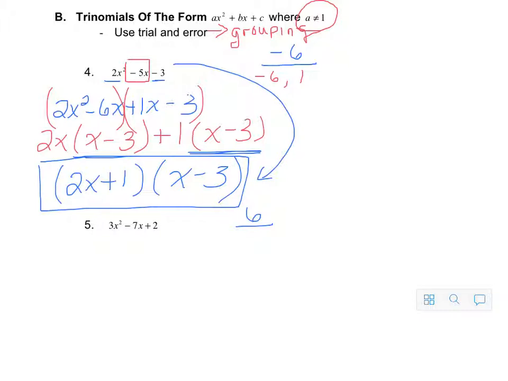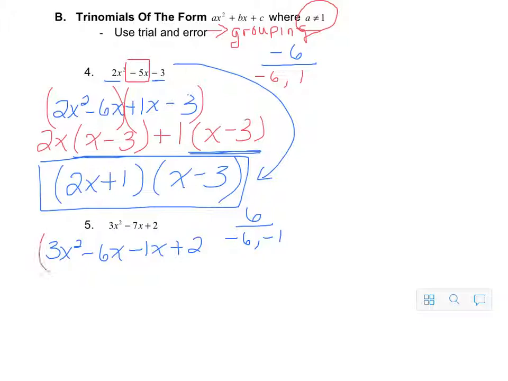So basically, it would have to be -6 and -1. I'm going to rewrite that trinomial to be 3x squared minus 6x minus 1x plus 2. Now I have 4 terms because, again, all I did was rewrite the middle term a different way.